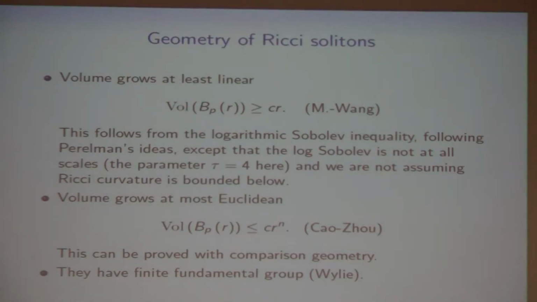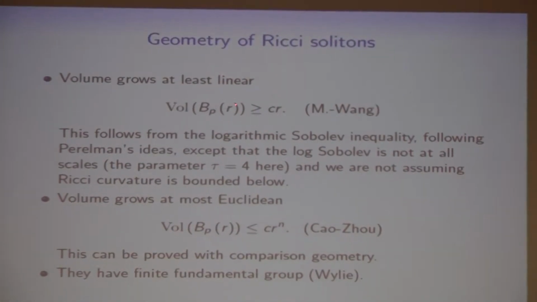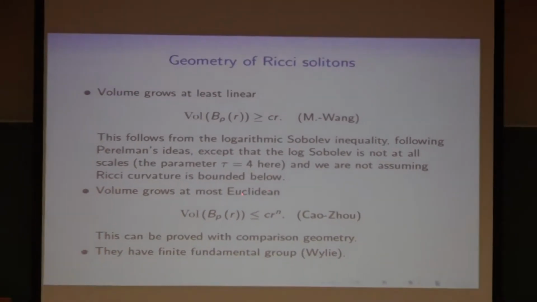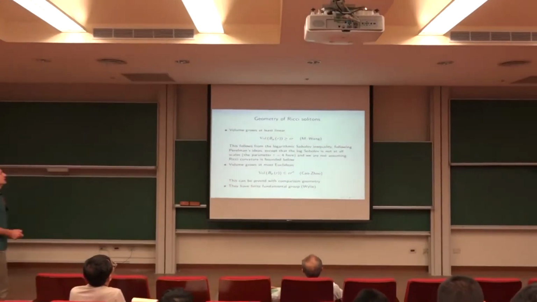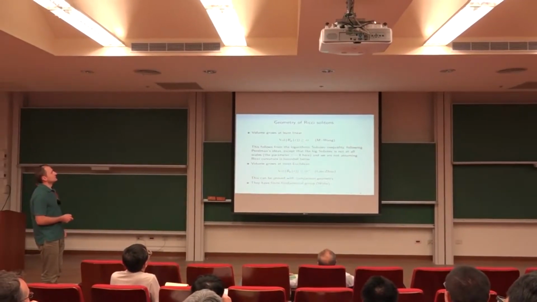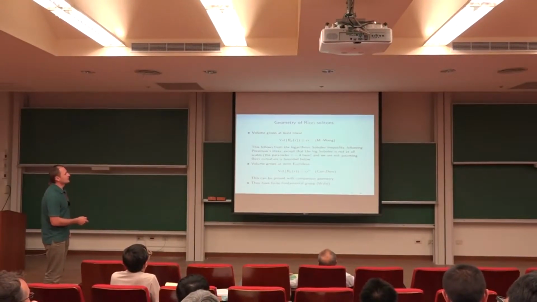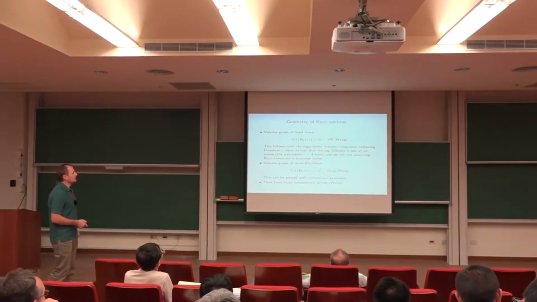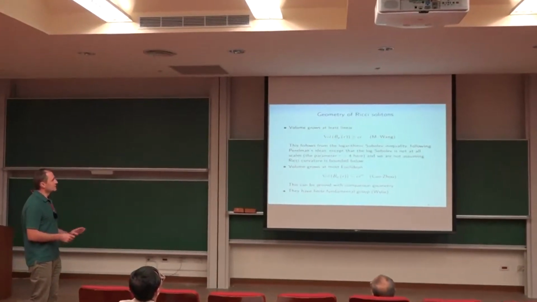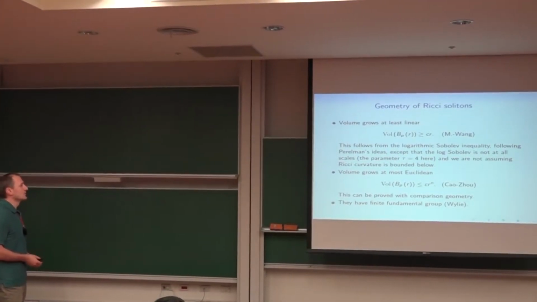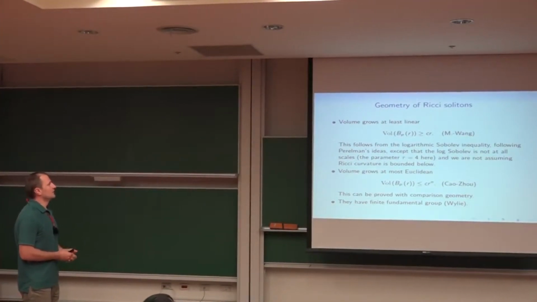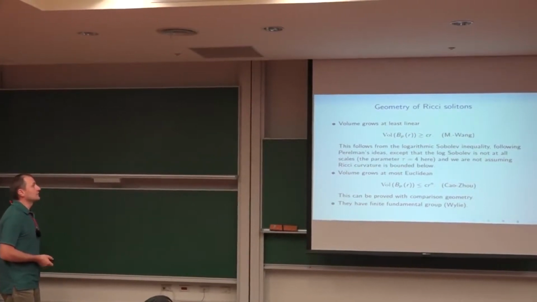The volume of large balls is understood, and the constants, like he said, are controlled in an almost satisfactory fashion. This is the lower bound, due to Jiaping Wang. Everywhere I mention Wang, I mean Jiaping Wang. We've done some results on Ricci solitons in the last few years.